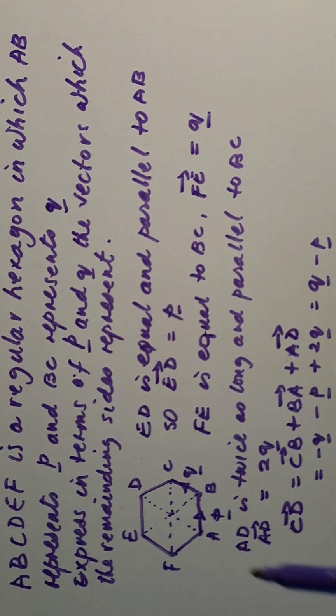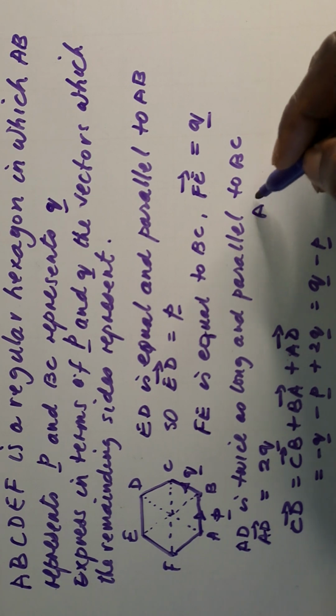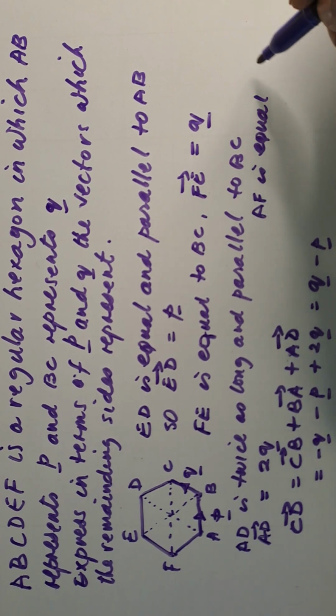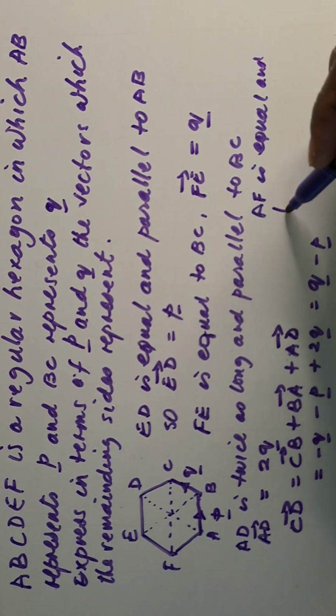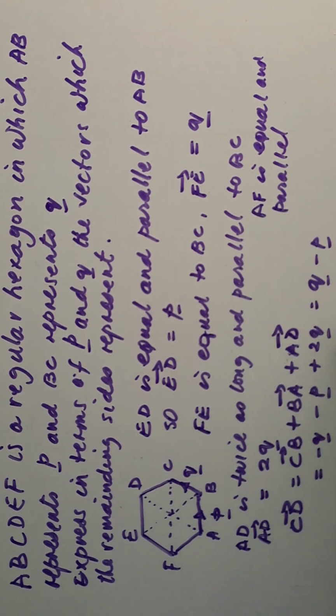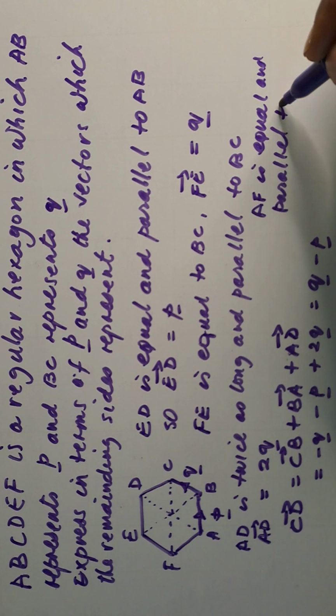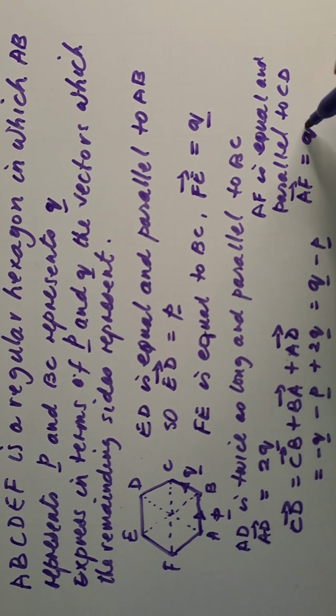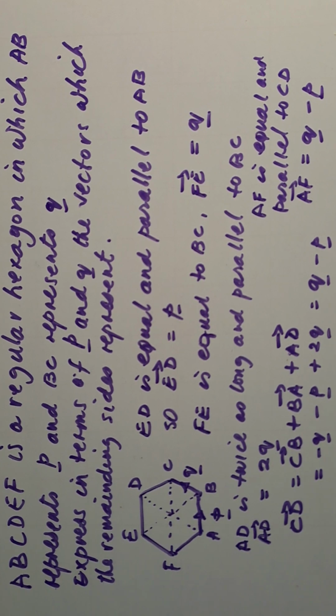Now AF is equal and parallel to CD. So we write that AF is equal to also Q minus P. So we've covered all the remaining sides.